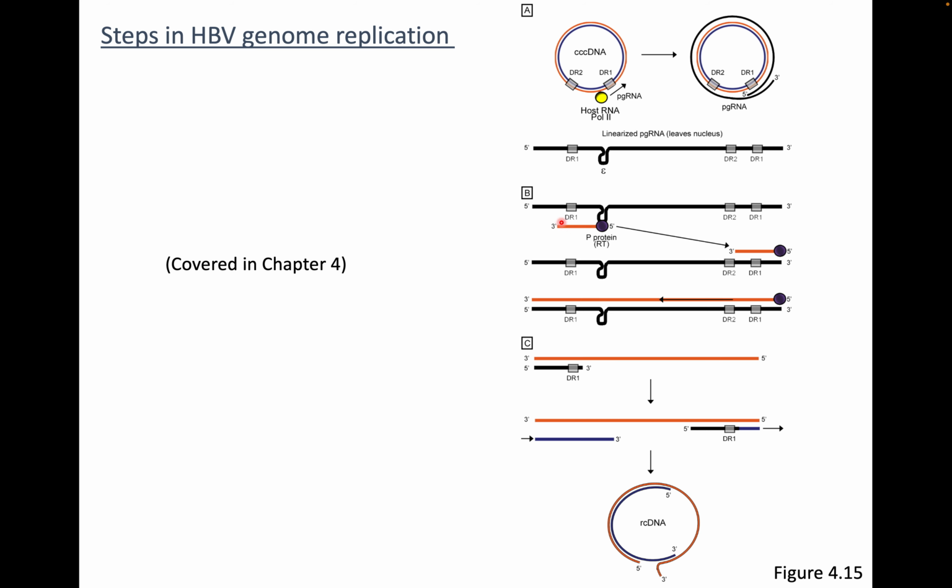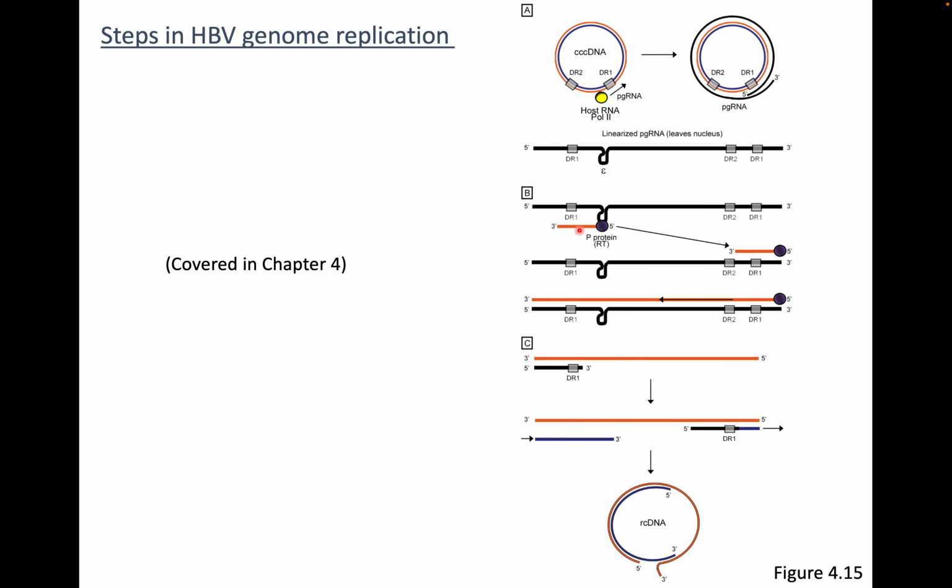And another thing that you'll see commonly with a lot of these more complicated replication models is you'll have sequences within the pregenome here, if we want to stick with that nomenclature, that are repeated, right? So you see this little DR1 sequence found at both ends of the genome here.